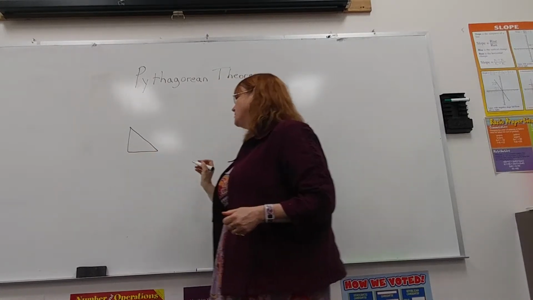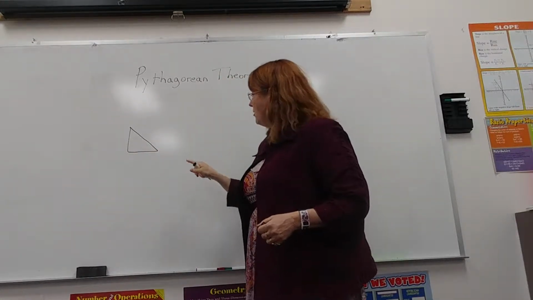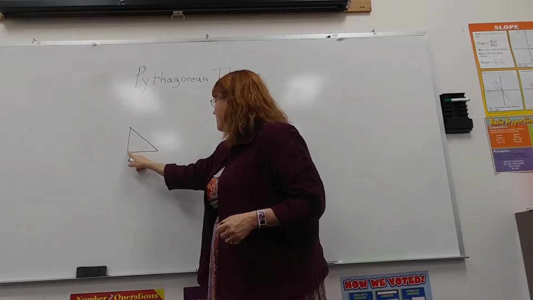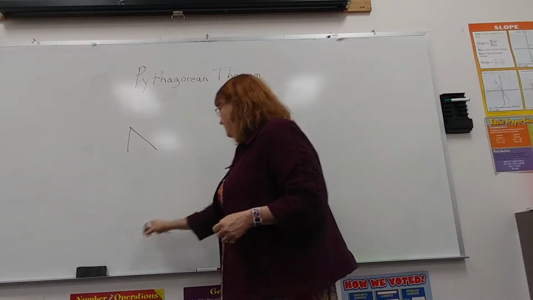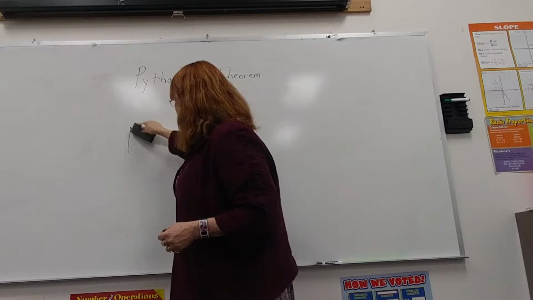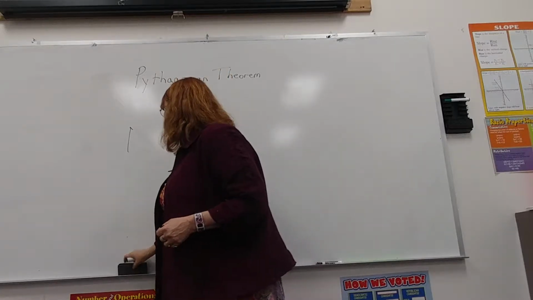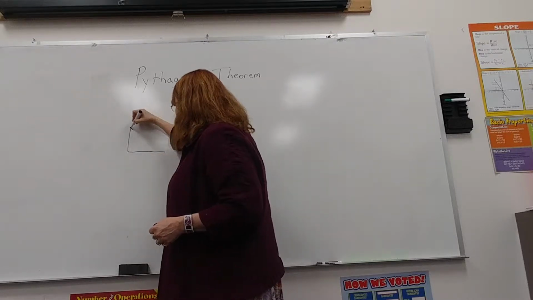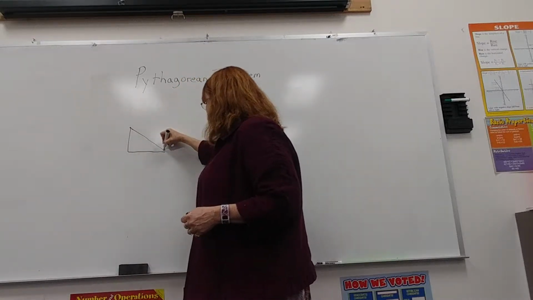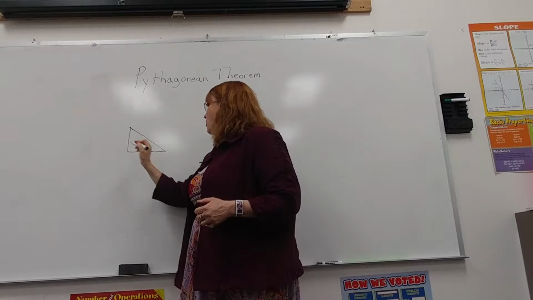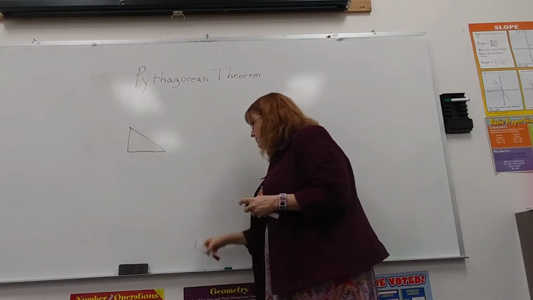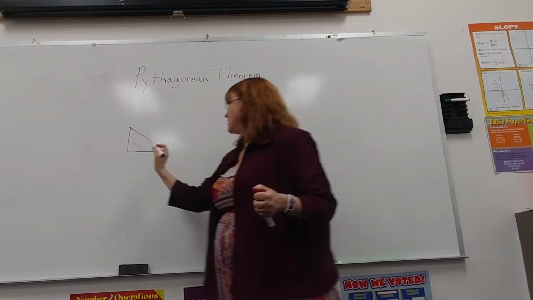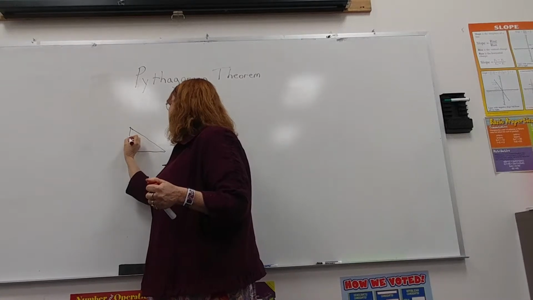This is not drawn to scale at all. Let's see if I can make it a little closer. That'll be a little closer. So we're going to, and pretend like these are the same size. I'll try to make them close.